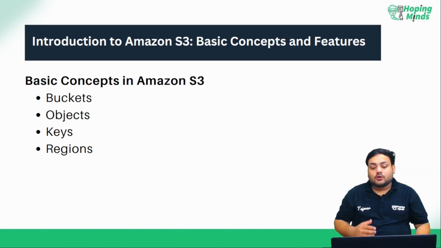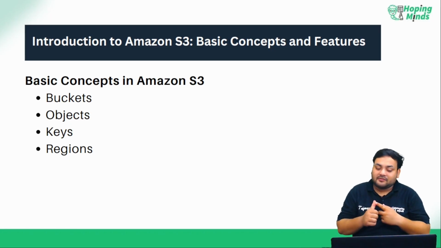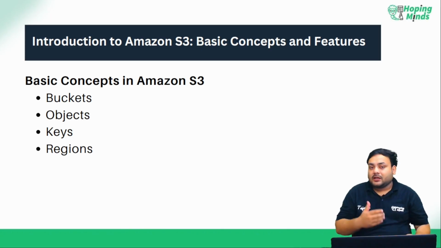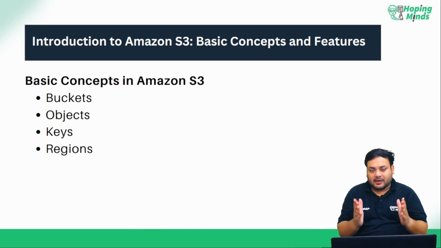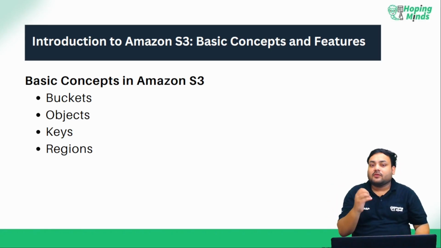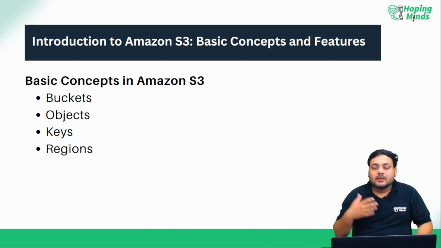Now the basic concepts in Amazon S3. I have already told you we have buckets, objects, keys and regions. Let me explain each one by one. Inside Amazon S3 we have a bucket, and inside the bucket we store the objects. We put the objects, and we have different keys with the help of which we can access those objects.